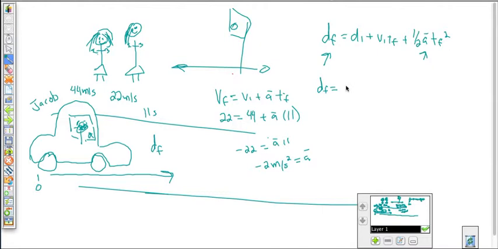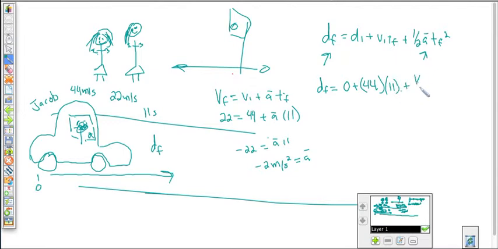So his initial displacement, his starting point, is 0. His initial velocity, we know from before, was 44 meters per second, and his final time was 11 seconds. I'm not going to write the units in here right now because it complicates things a little.